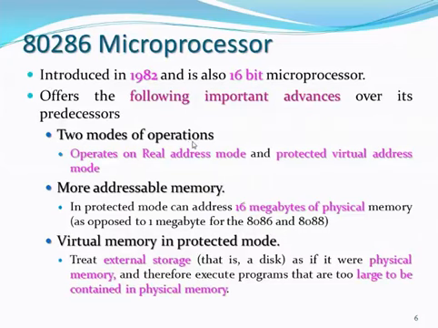2 modes of operation. What is that? This machine is not only executing instructions in one mode; the operation will be handled in 2 different ways. You see, it operates in real address mode and protected virtual address mode. So what is real address mode and what is virtual address mode?